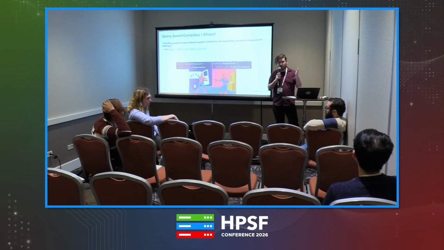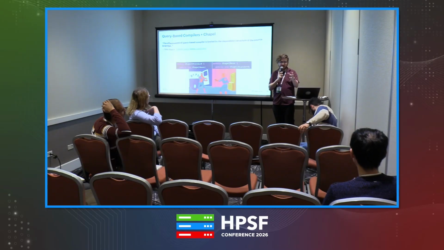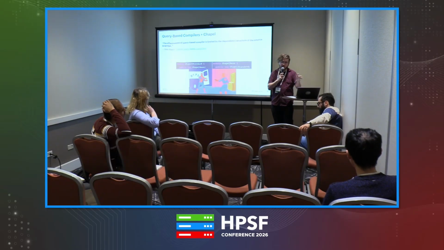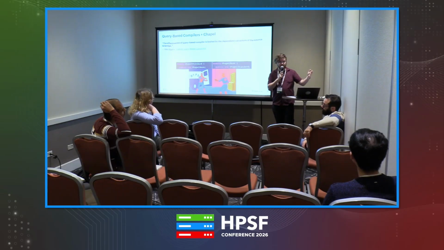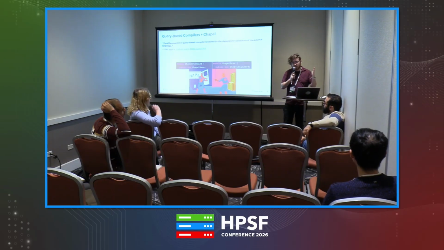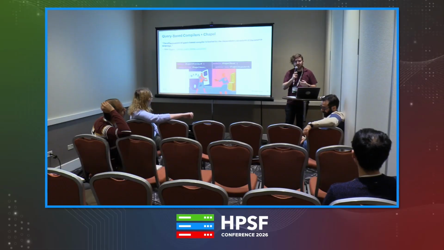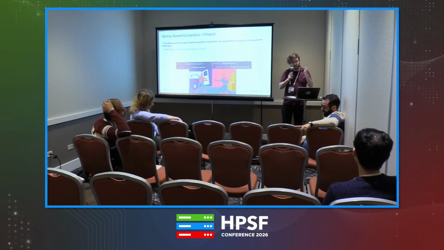If you say var b equals a, and a lives on the host and the declaration of b occurs on a GPU locale, that triggers a data transfer automatically. If you saw Jade's demo earlier today, they were demonstrating this: copying data from host to device the same way you would copy a normal array.